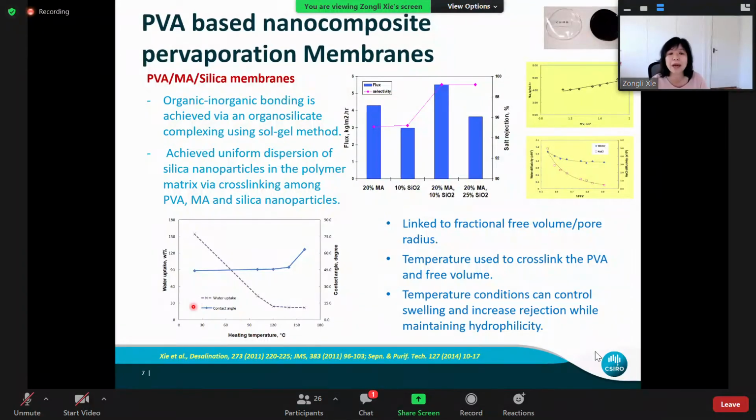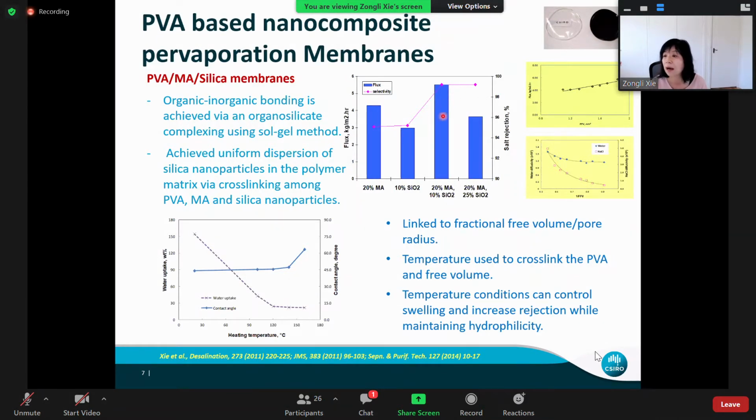In this way, we are able to achieve uniform dispersion of the silica nanoparticles in this PVA matrix. And we are able to suppress the swelling of the PVA. By doing that, we can achieve enhanced water flux and also maintain high salt rejection.